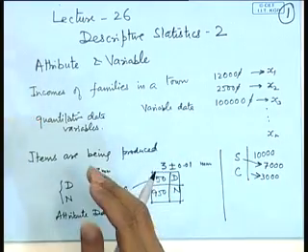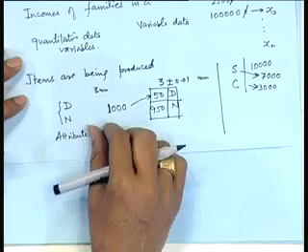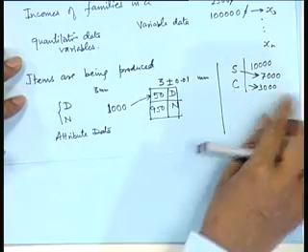So, whenever we classify the data according to a certain property, then it is said to be attribute data. The techniques for analysis of attribute data and quantitative data are somewhat different. In this particular section, we will explain how to make frequency distributions for the quantitative data. In the case of attribute data, it is relatively easy to make a frequency distribution.